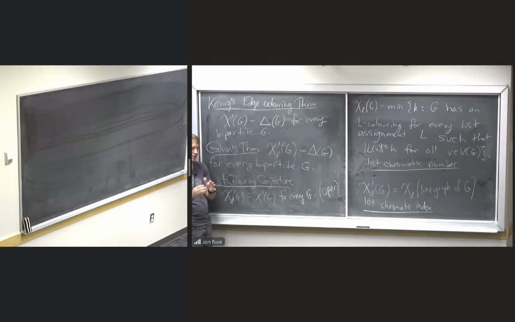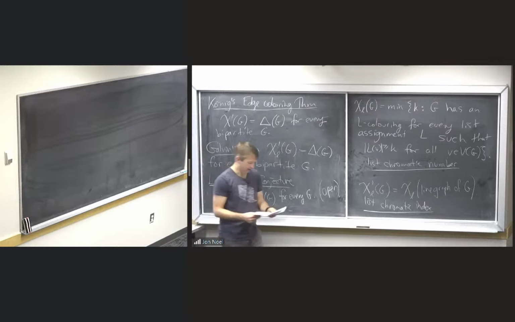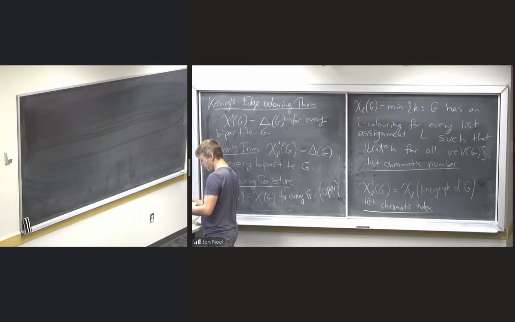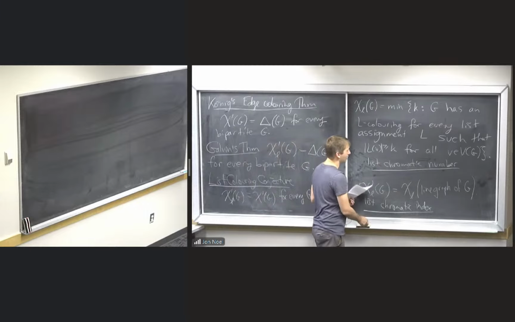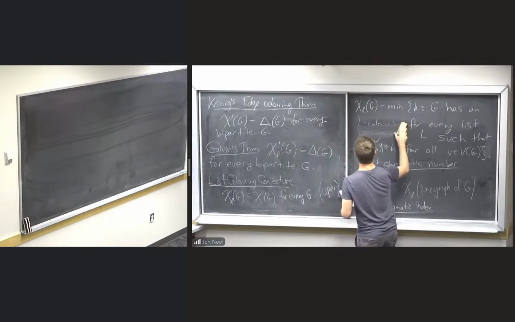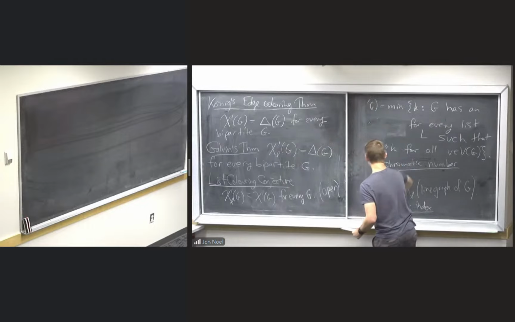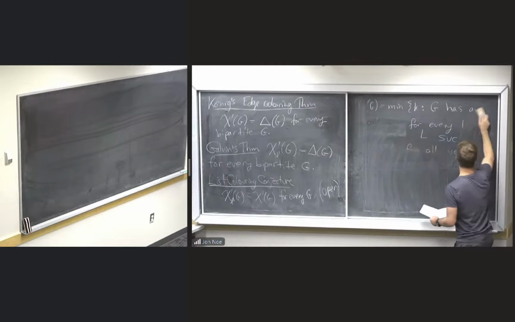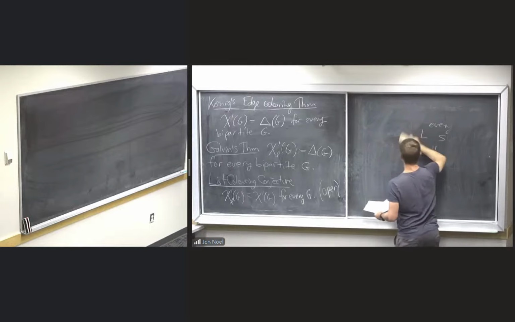And so sometimes it's going to be useful to go back and forth. Right, so I'm now going to state a lemma that we're going to use on the line graph of G. But first I actually need some definitions.